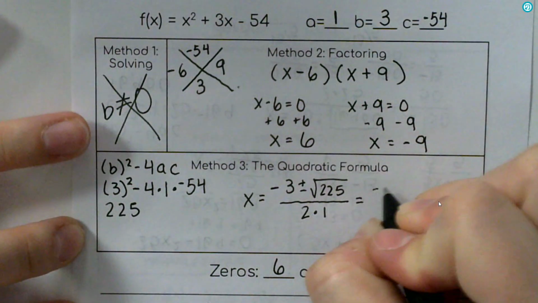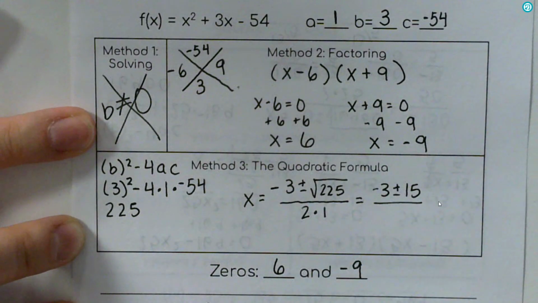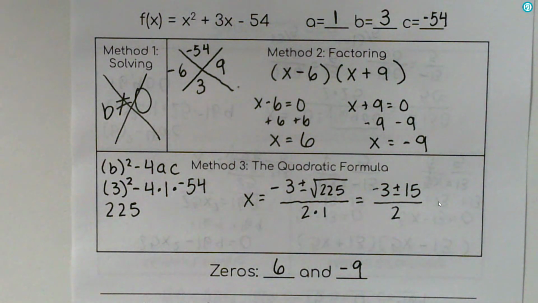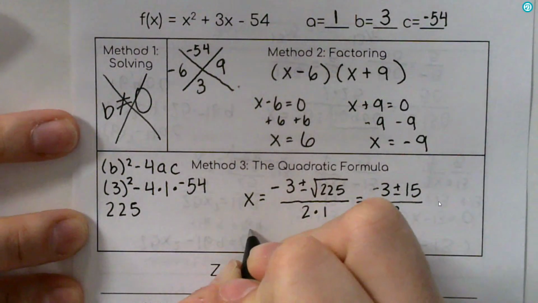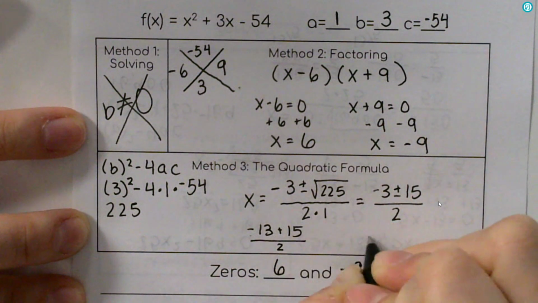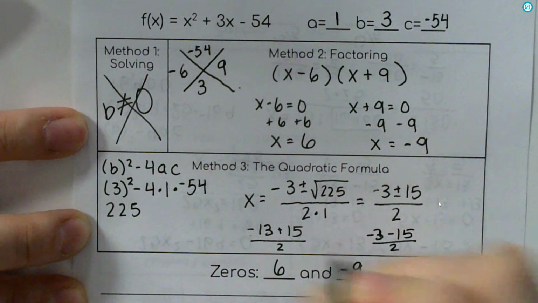So I have negative 3 plus or minus 15 over, and then 2 times 1 is just 2. And then we can split and solve them each from there. So negative 3 plus 15 over 2. Negative 3 minus 15 over 2.